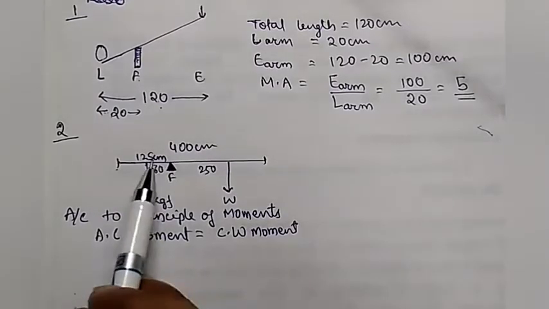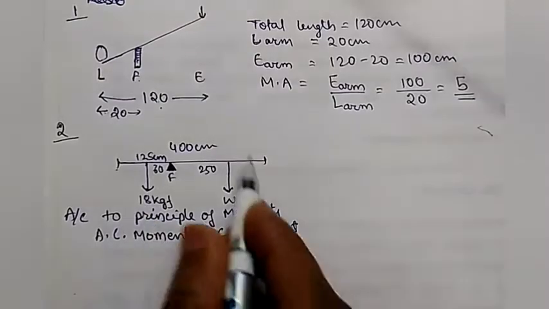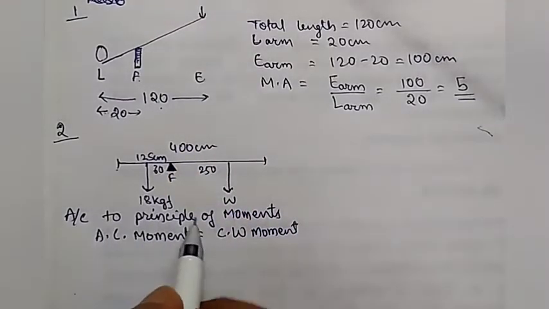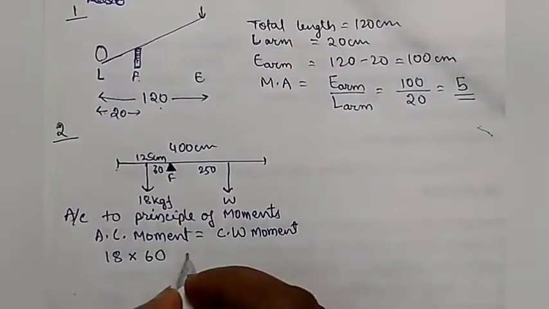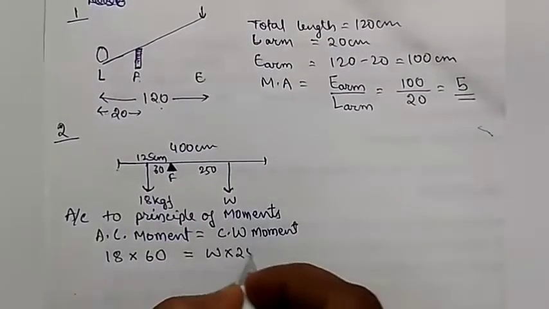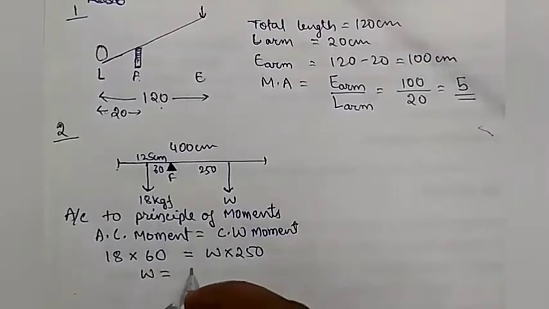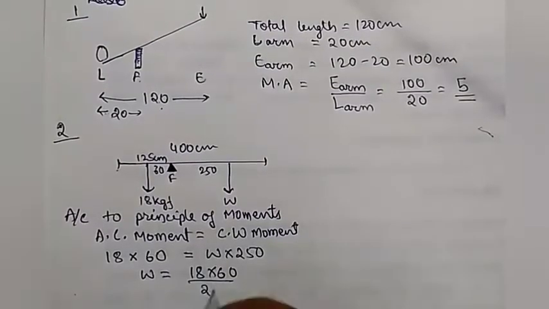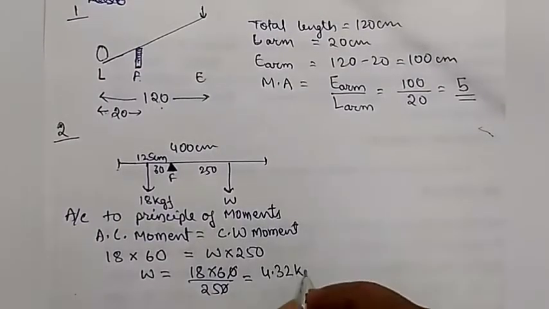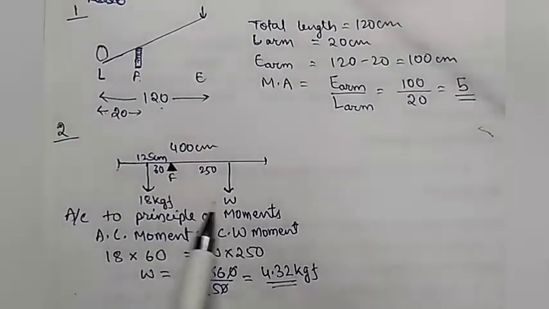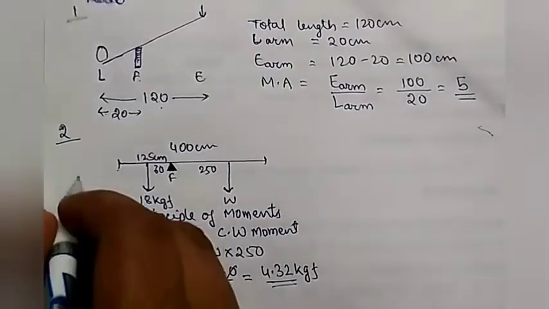So see here, in the anti-clockwise moment, in this direction, this weight will go this side. So 18 into 60, the distance from the fulcrum, equal to W into 250 centimeter. So W is equal to 18 into 60 by 250, that is equal to 4.32 kgf. So this is the weight that should be put at a distance of 250 centimeter. This is the first part.